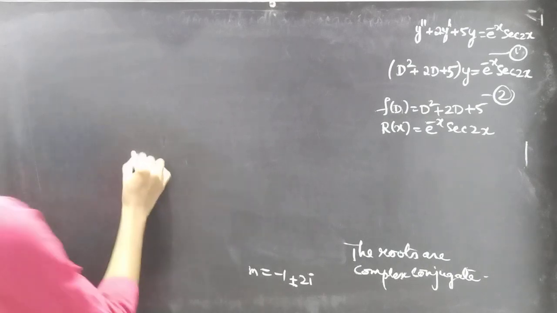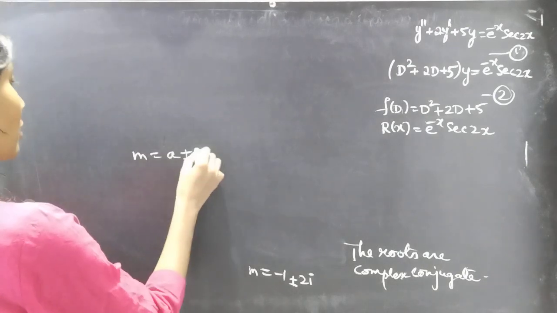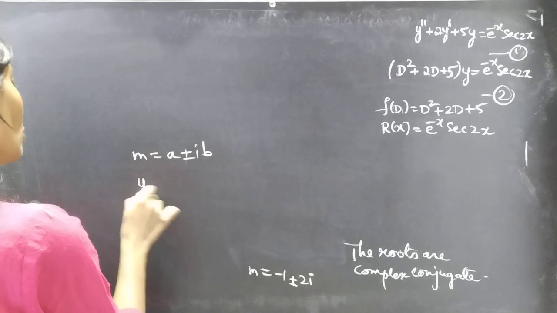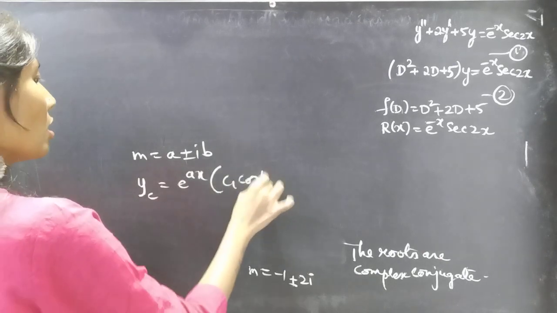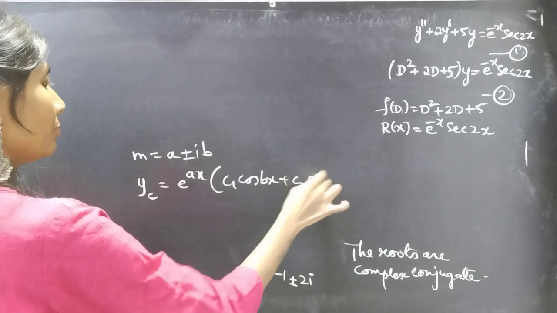We know that when roots are complex conjugates, say a plus or minus ib, then yc looks like e power ax into (c1 cos bx plus c2 sin bx), right?